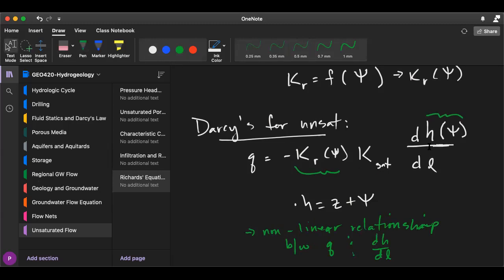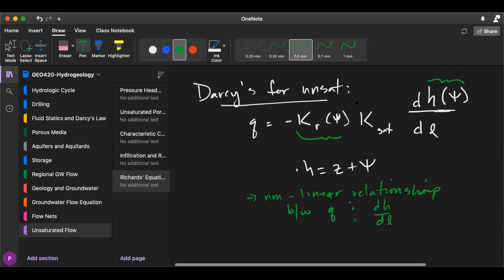It depends on my head. So as head gradient changes, Q will change, or the relationship K sat or K effective will change.